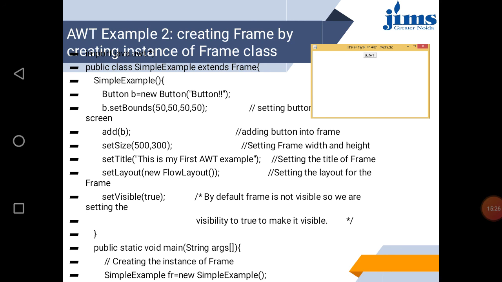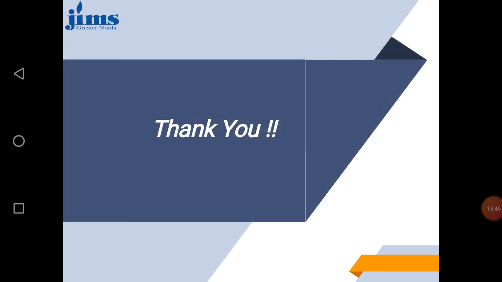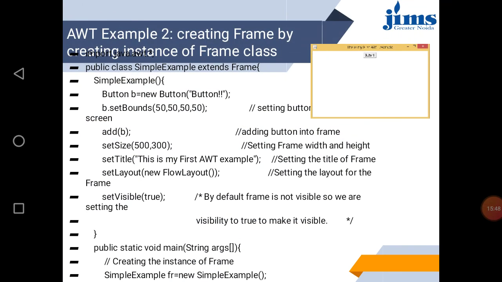We are using a constructor and a button, button.setBounds, and add(b), setSize, setTitle, setLayout, setVisible true, and we are creating an object of this class. So in this case you are able to create your frame using an instance of the Frame class, and you can see its output.